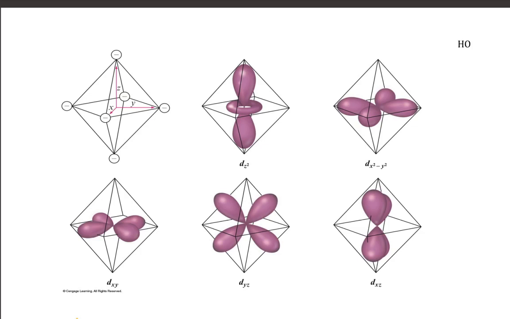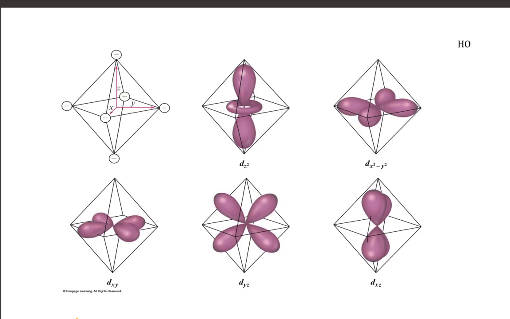Now, the ligands, as they come in with their electron pair, are going to affect the d atomic orbitals differently because of the different locations of the d atomic orbitals.